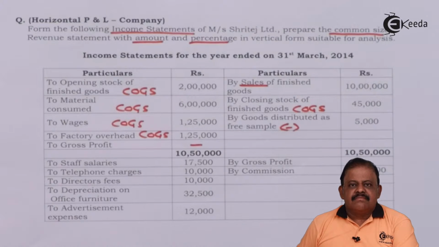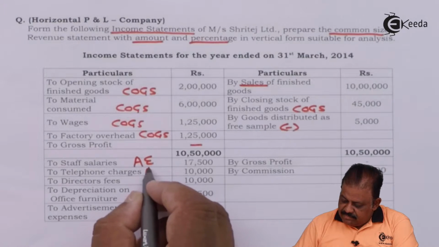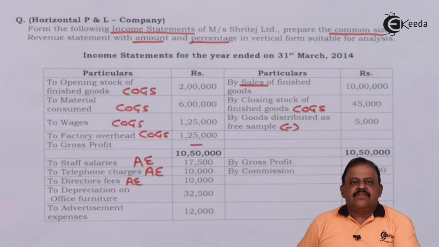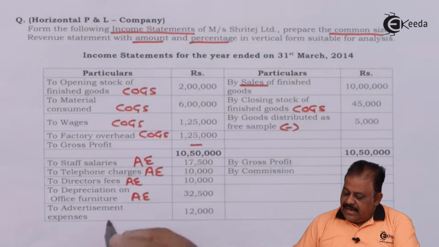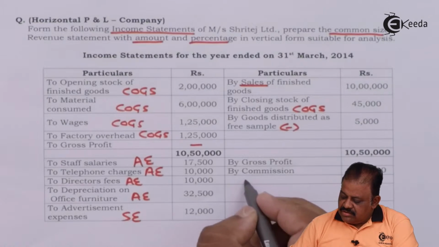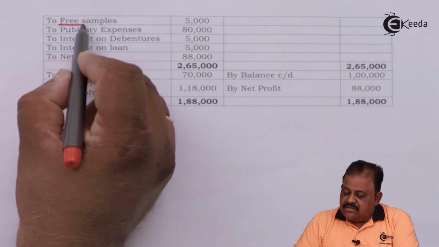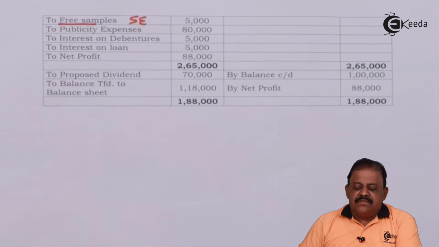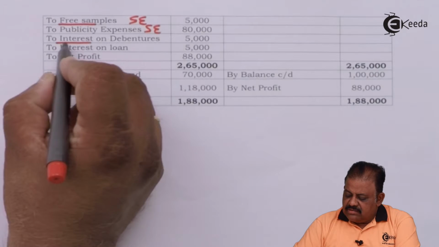Staff salaries, administration expenses; telephone charges, administration expenses; directors fees, administration expenses; depreciation on office furniture, administration expenses; advertisement expenses, selling expenses; commission, this is non-operating income; free samples, this is advertisement expense, selling expense, publicity expense, selling expense; interest on debentures, this is financial expense.